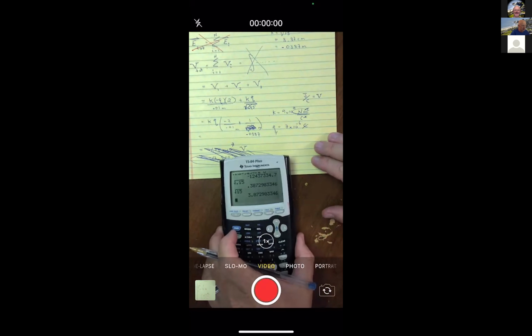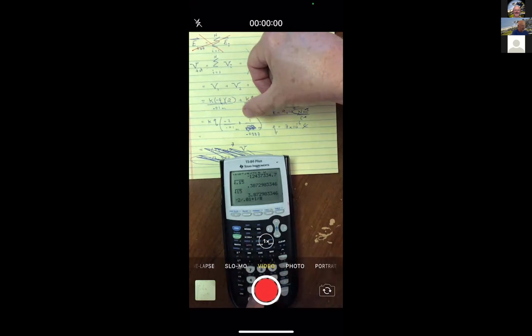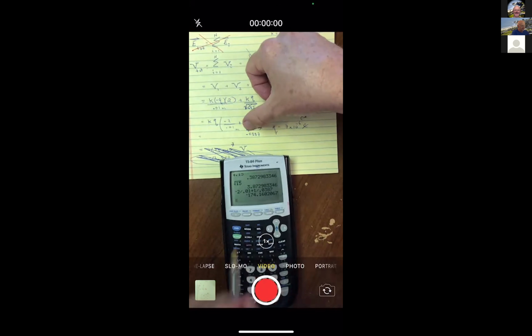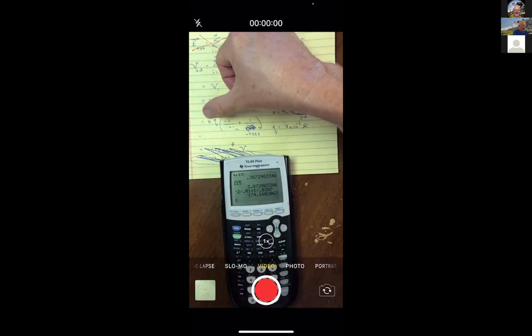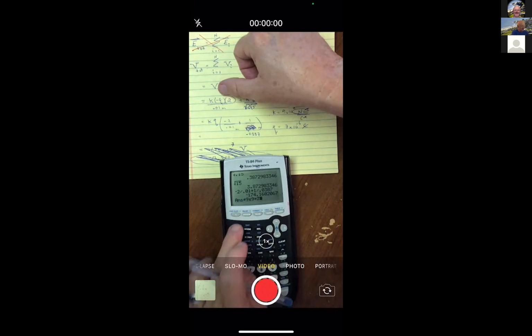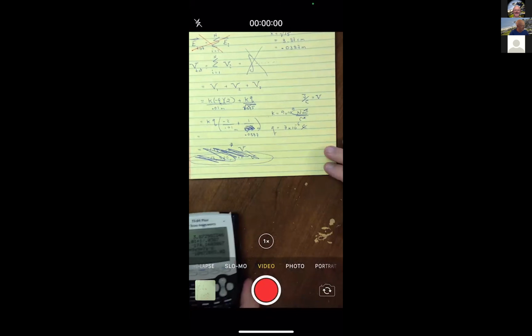Okay, so negative 2 divided by 0.01, plus 1 divided by 0.0387. So 174. And then times the K and the Q, so times 9 times 10 to the 9th, and then the Q is 7 times 10 to the negative 6. Yeah, that's a better number here.